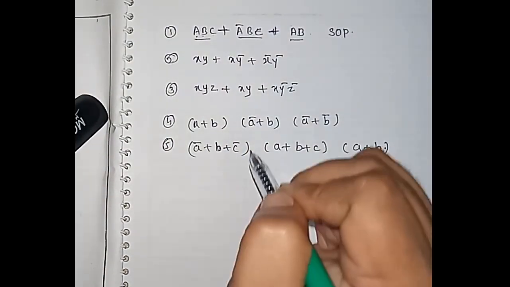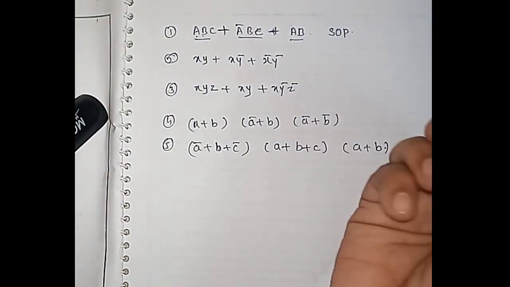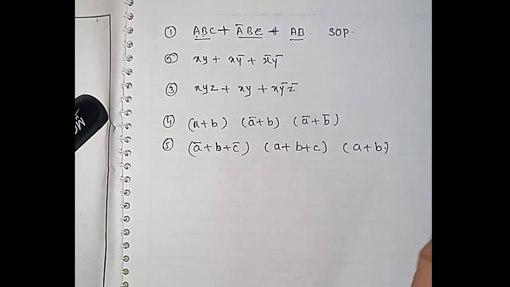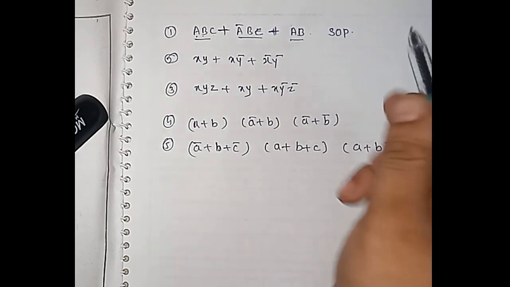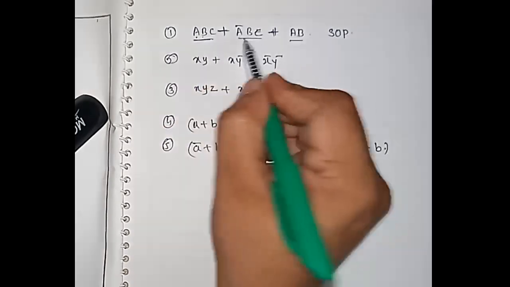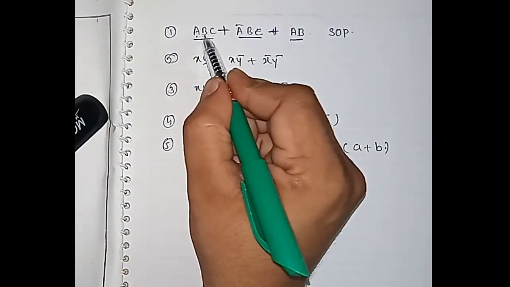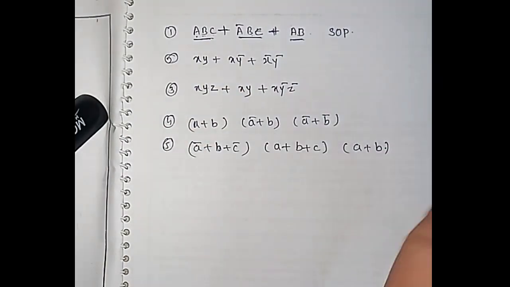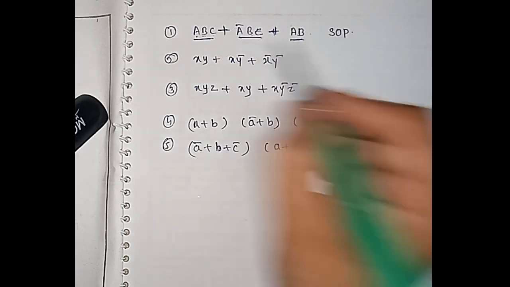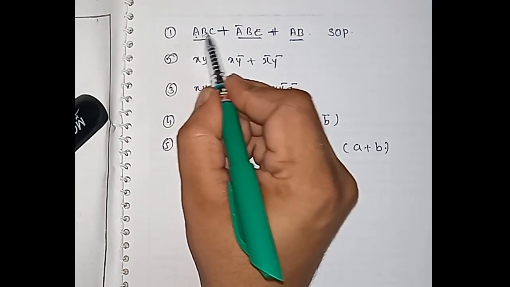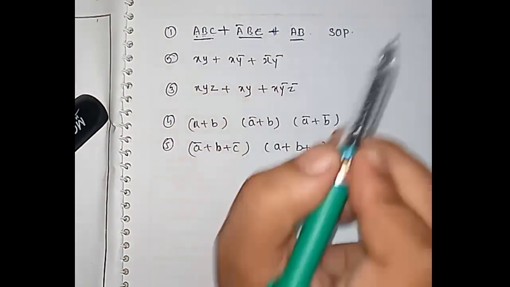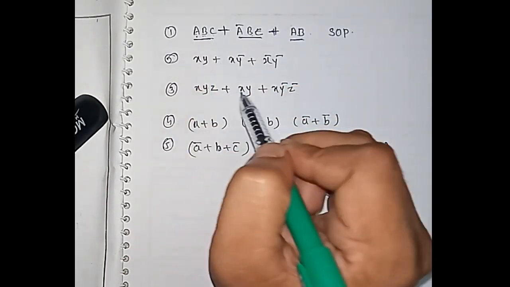Now we have to find out whether it is standard form or unstandard form. For that purpose we consider all the product terms. How many product terms are there? 1, 2, 3. And how many maximum literals are there in the equation? Here A, B, C. So a maximum of 3 literals are there in the first equation.